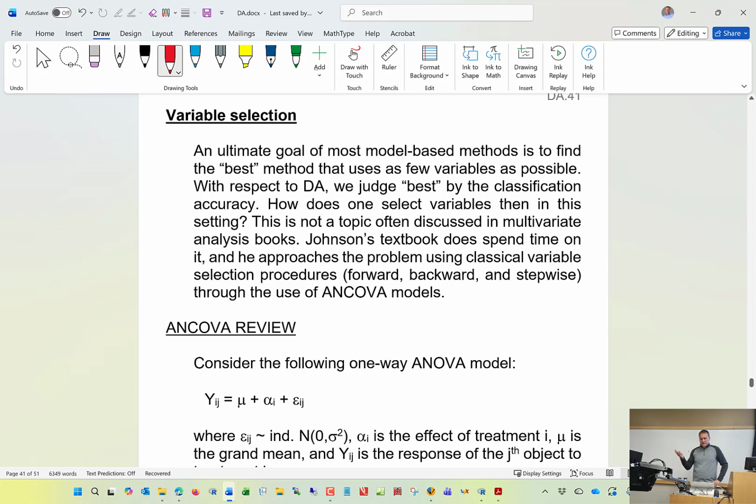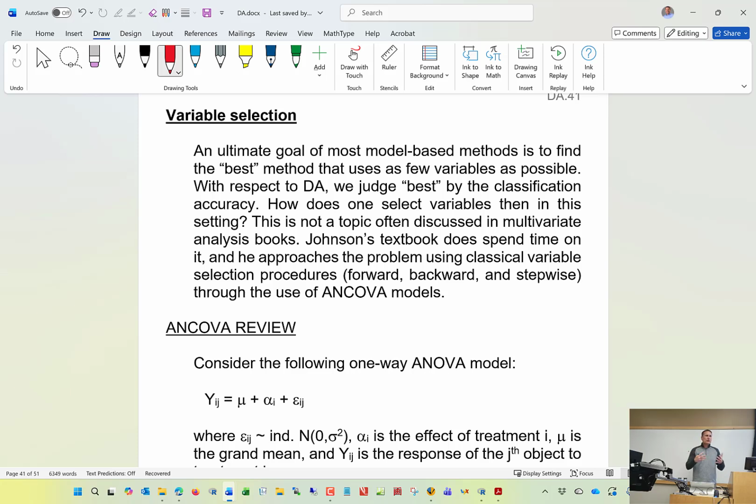Now, sometimes when you teach, over the years you make changes, and sometimes you have a hard time taking out particular parts of the notes that you like, but you still don't go over them. And I have a section on variable selection here. You're welcome to read it. What this basically says is, okay, let's say you have a large number of variables.